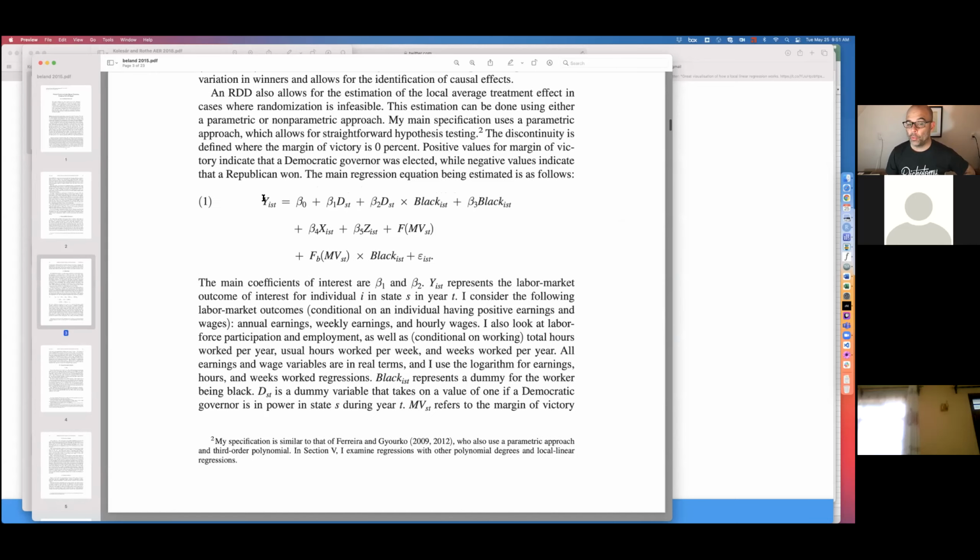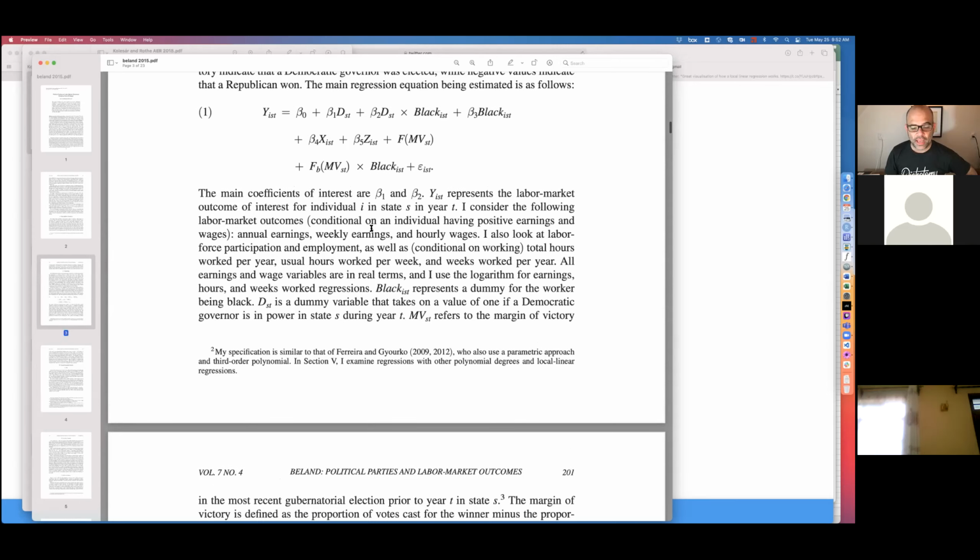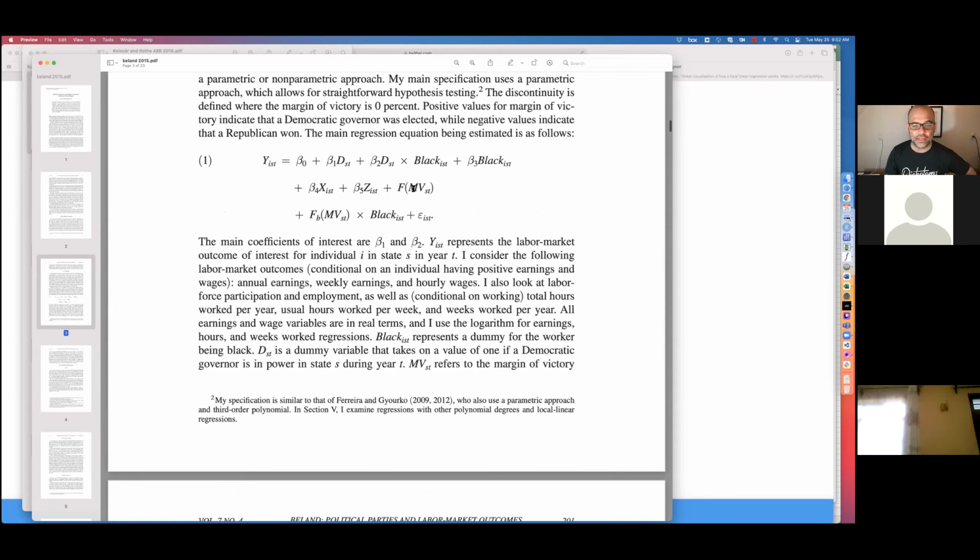They're going to have global regressions. Here's a global regression right here. It's a slightly different sort of specification, but here's the governor wins, and it's an African-American respondent. It's using individual-level data. So they've got a dummy for whether the individual is African-American and a dummy for whether the Democratic candidate wins. They put in a bunch of controls: Z, which is state fixed and year fixed effects, and X, which is individual characteristics. Here's the pth order polynomials right here.